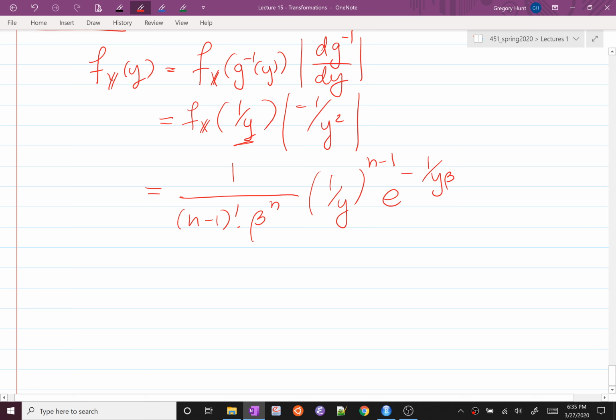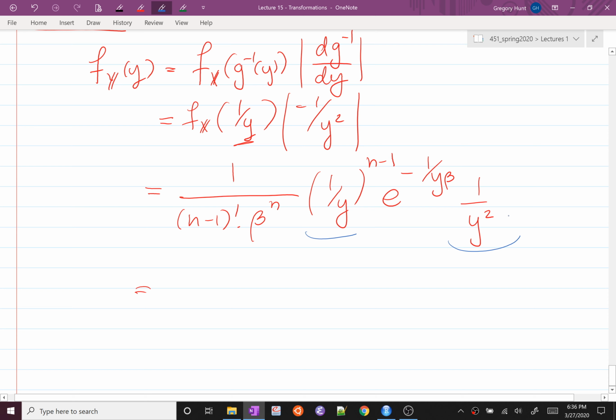Okay. We can simplify it a little bit more. We can combine the 1 over y here with the 1 over y squared here. So it's 1 over y to the n minus 1, times 1 over y squared. So simplifying it, we get (n minus 1) factorial, beta to the n.